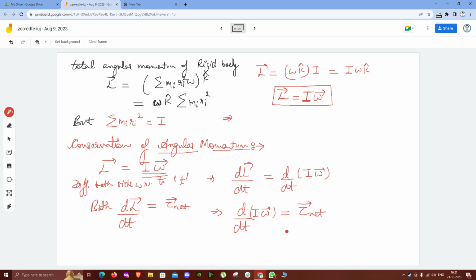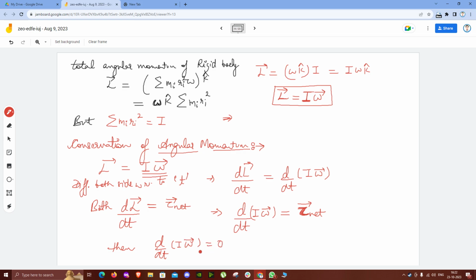Now what happens if the external torque acting on the body is zero? If the external rotational force, that is the torque, acting on the body is zero, then d by dt of I omega will be equal to 0.